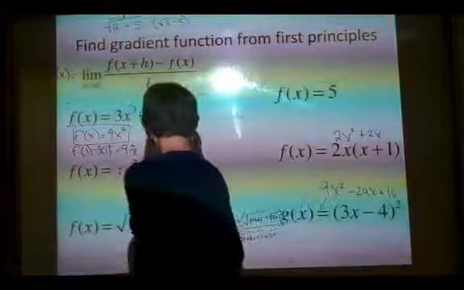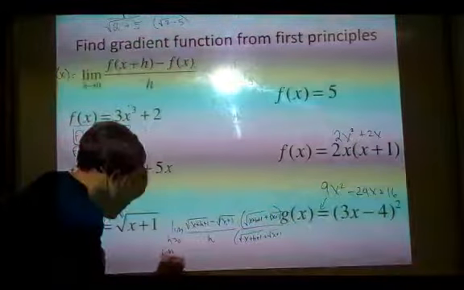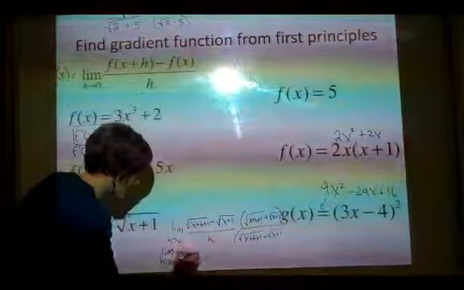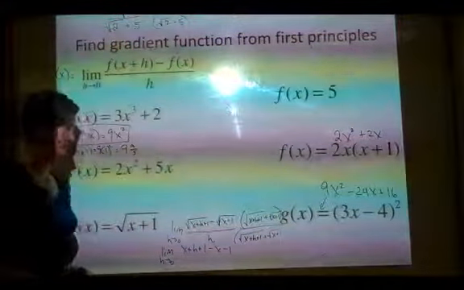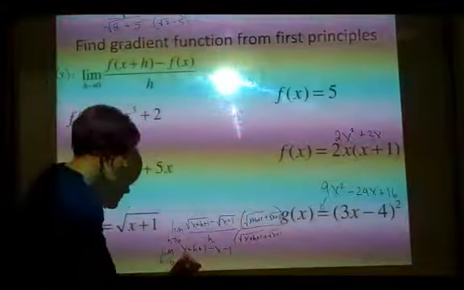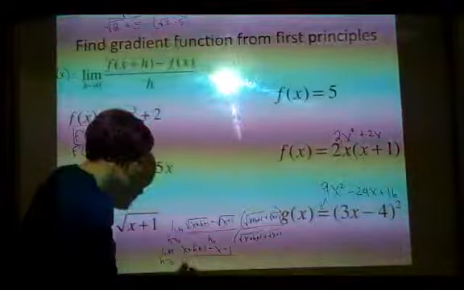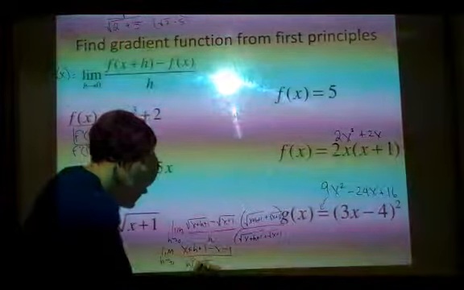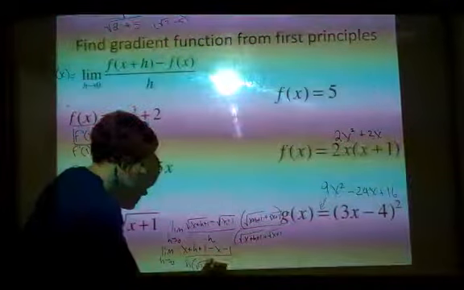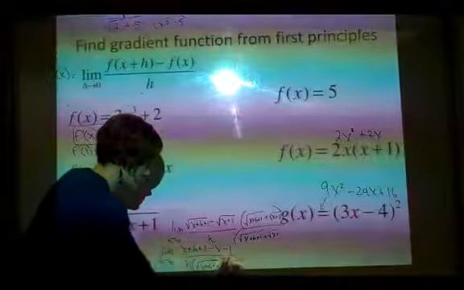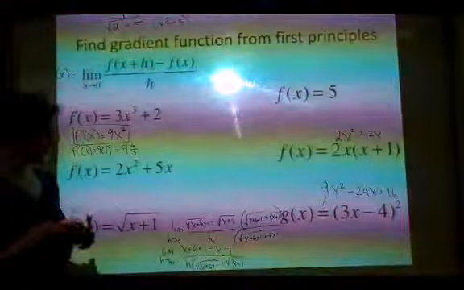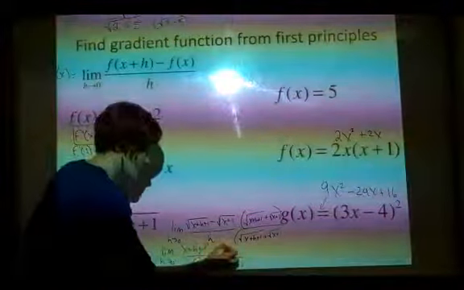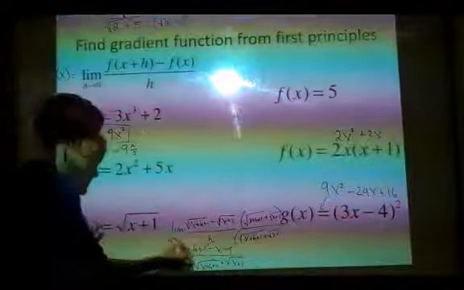So what's the numerator going to be? x plus h plus 1 minus x minus 1, divided by h, and then that business. I see that the x's are going to cancel.